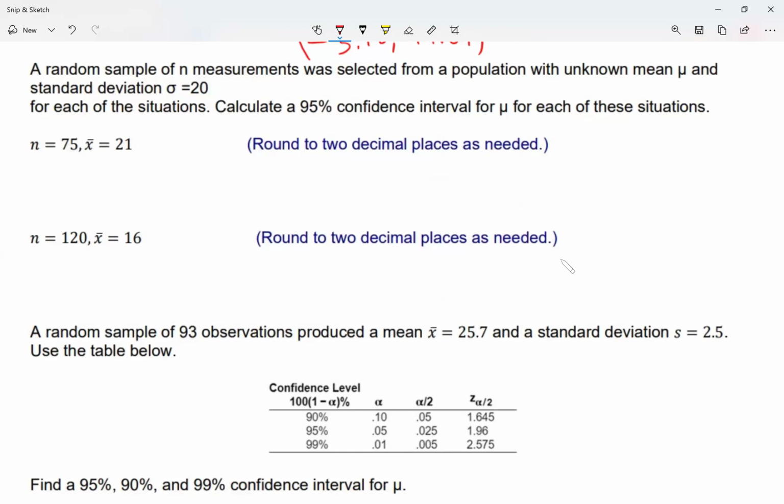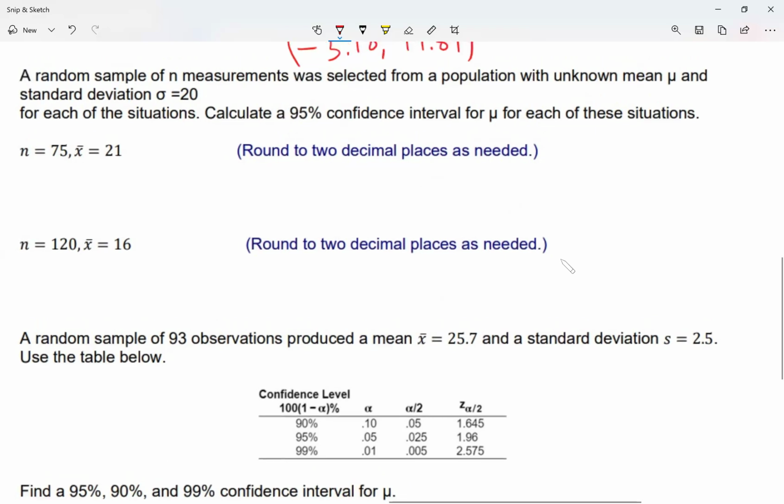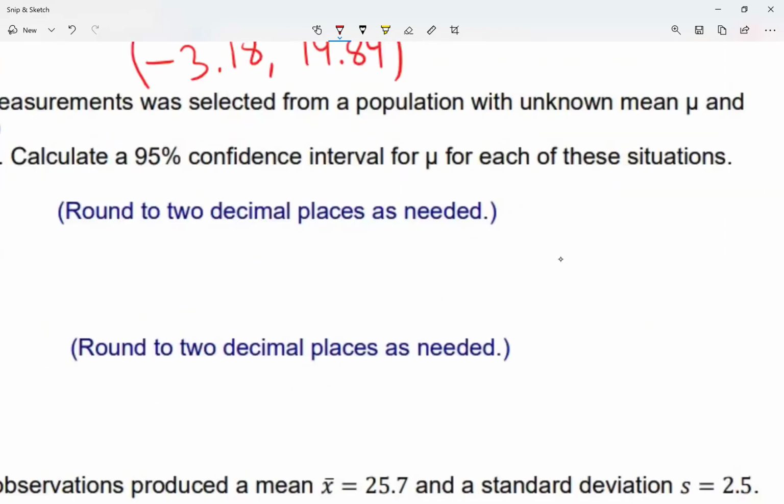Okay, so let's see. 0.95 divided by 2. So I'm looking at this. 0.95 divided by 2 gives me 0.475. Okay, let me use my C-score table.